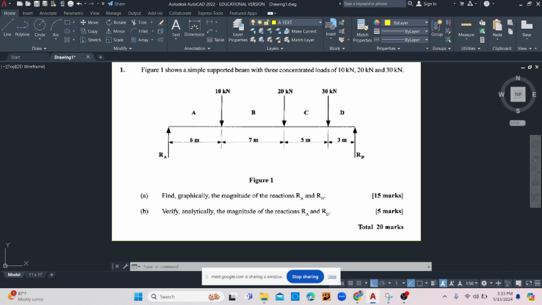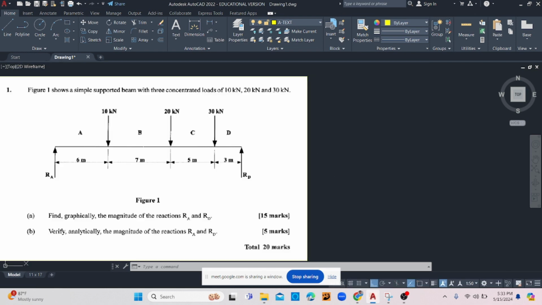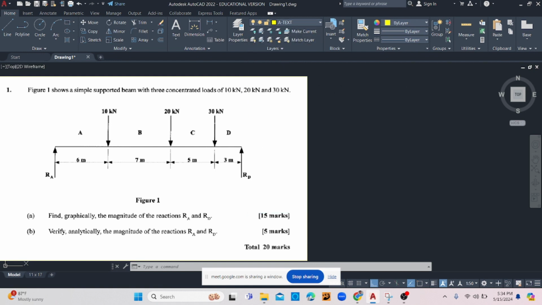So here I have my image in AutoCAD as usual. Now I'm just going to quickly draw what I have here. I'm basically going to be drawing 4 lines.